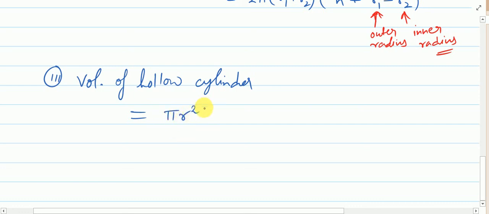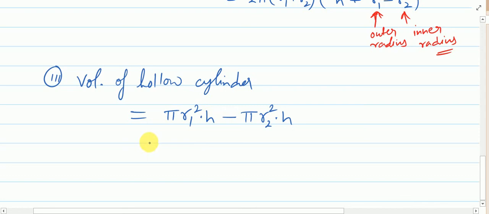Pi r1 whole square into h minus pi r2 whole square into h.